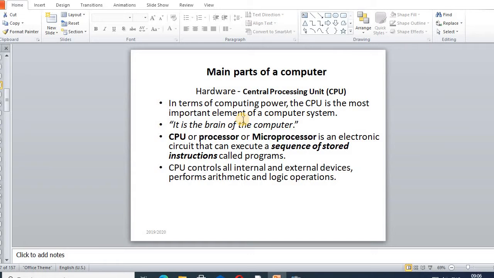So a CPU, which we call the central processing unit, or a processor, or a microprocessor, is an electronic circuit that works on power and can execute sequences of stored instructions called programs. We have programs that are stored on the hard disk. Is it okay?